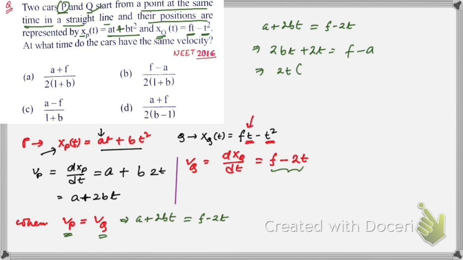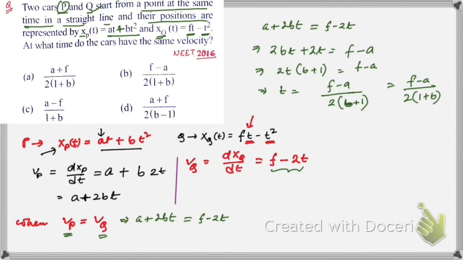So t will be equal to (f minus a) by 2 into (b plus 1). So this is option B. This option is correct. So hope you have understood.